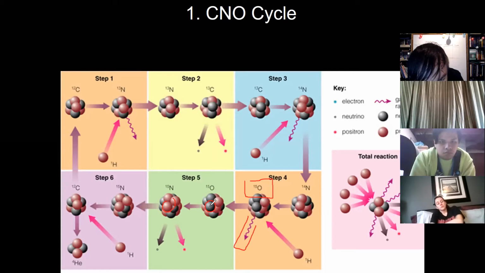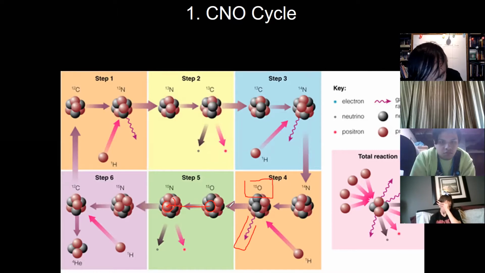And I never noticed this before, but they accidentally got their colors wrong. They show a neutron turning into a proton, but that doesn't make any sense if it's going from oxygen to nitrogen. Yeah, that's crazy, right? That should be red and that should be black. I never noticed that before, but they screwed that up.